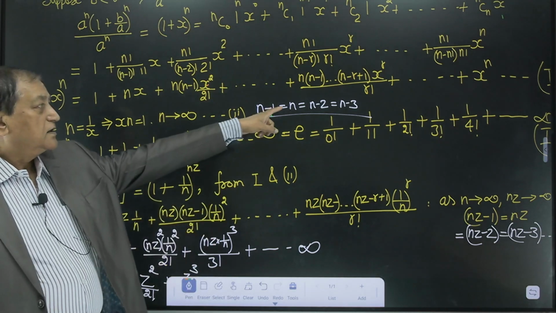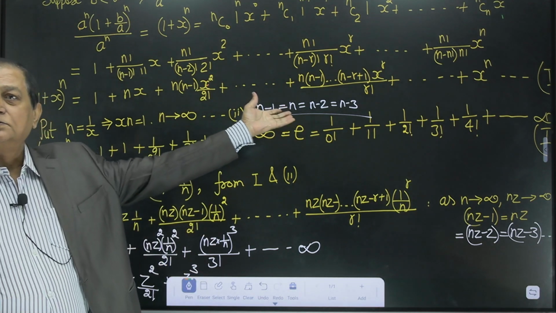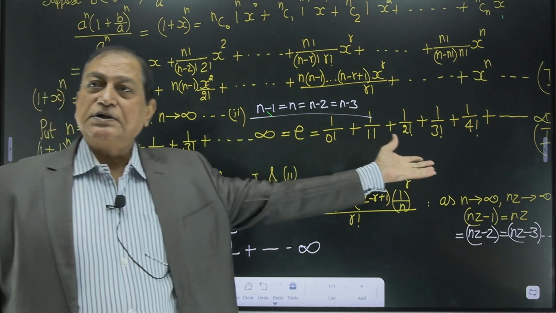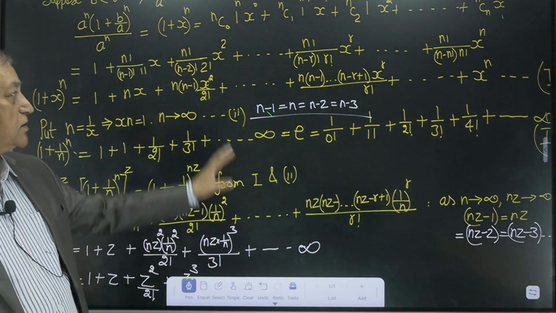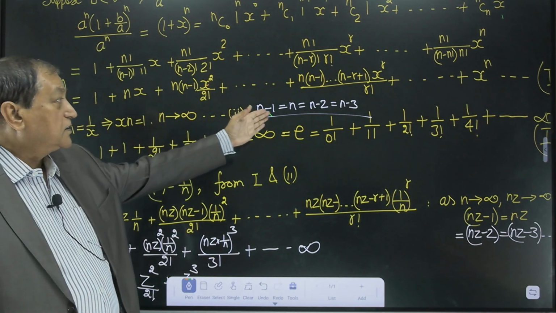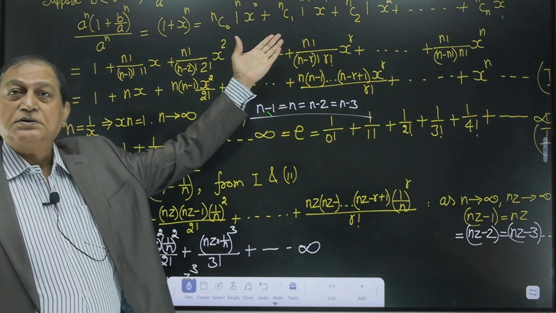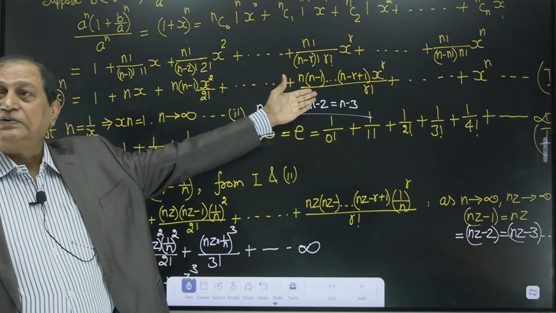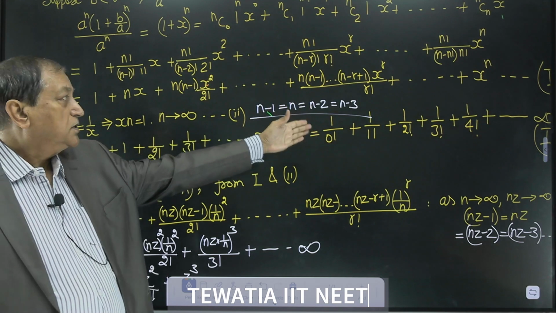So 1 lakh minus 1 is 99,999. So they are almost equal. Similarly, when you reach further higher orders, 10 raised to power 10 minus 1 is almost equal to 10 raised to power 10.